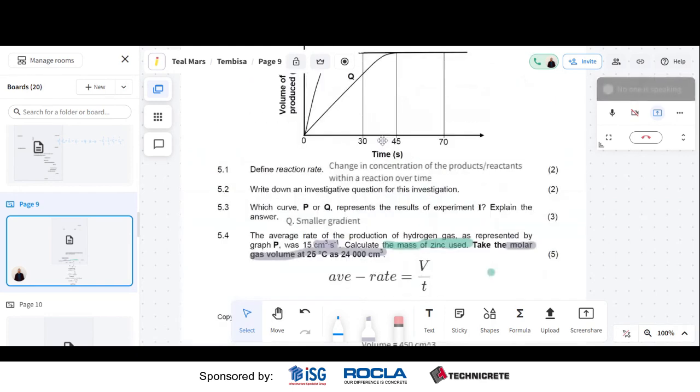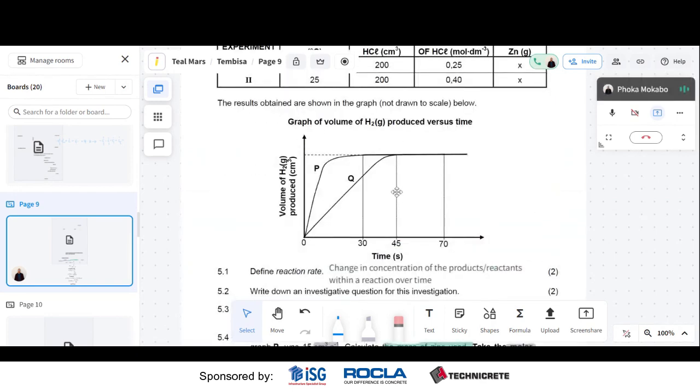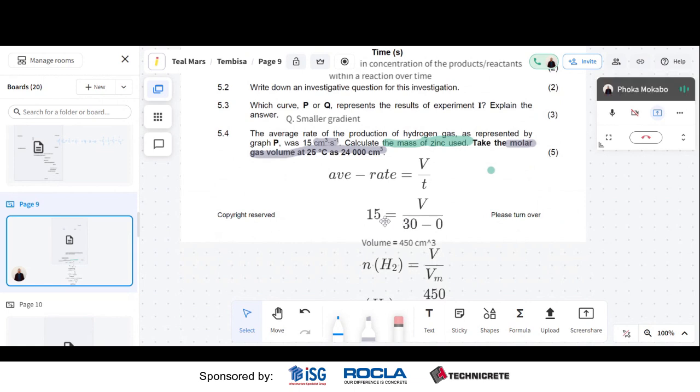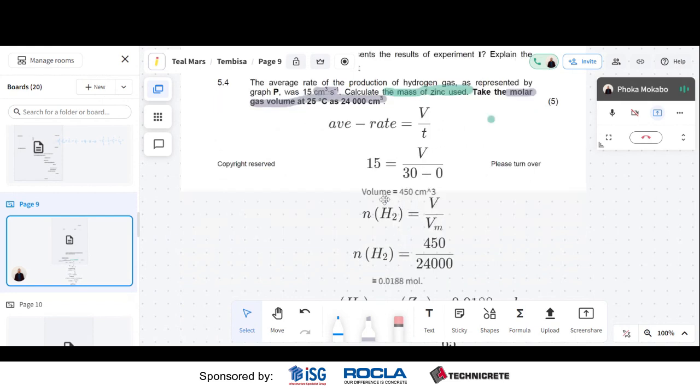We know that this reaction took place over these time intervals, and we took the interval specifically of 30 seconds and 0 seconds where it started, and we plugged those values in, 15 for the average rate, 30 minus 0 to give us the difference in volume. We found that difference in volume to be 450 centimeters cubed.